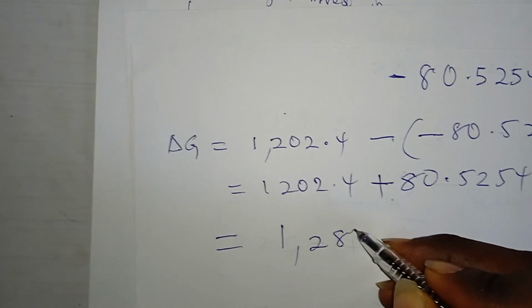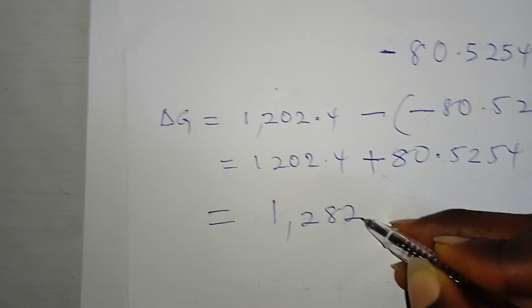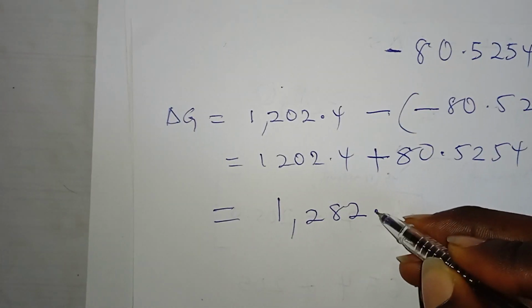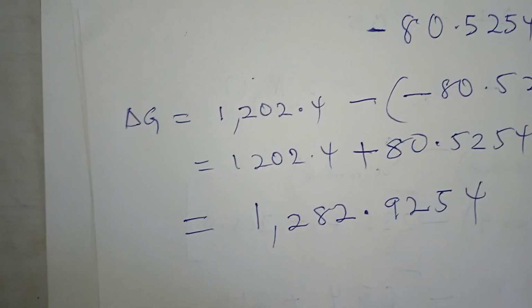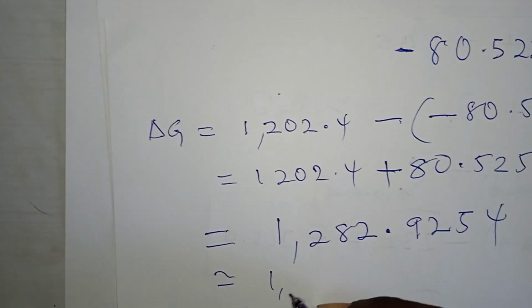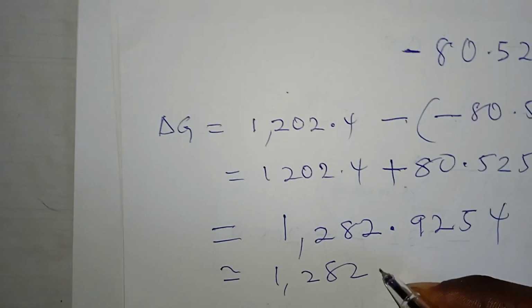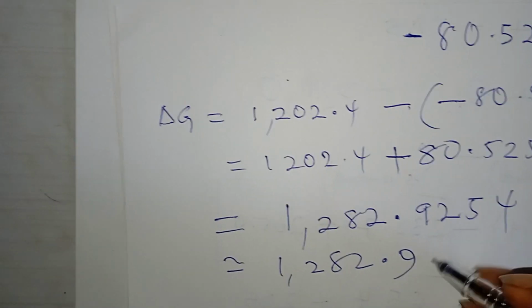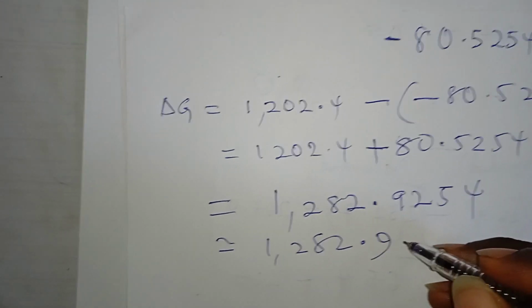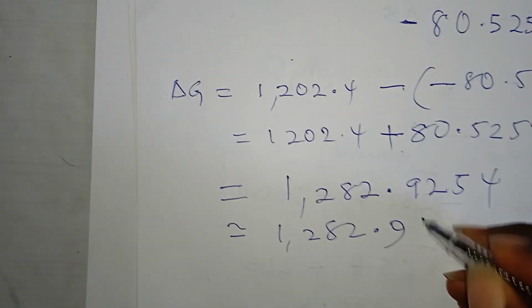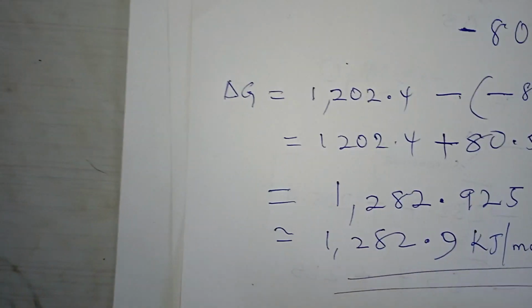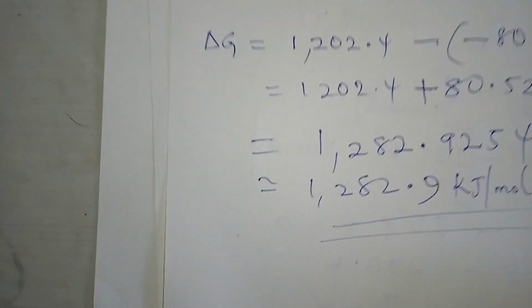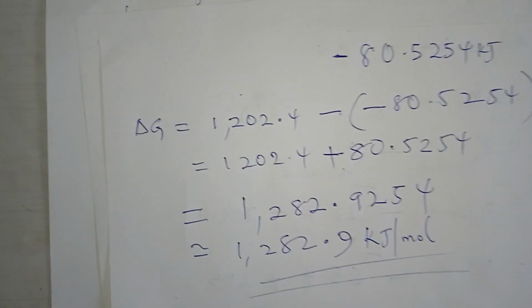And my final answer is 1282.9254. It's at this point I can approximate this to 1282.9, and this is the Gibbs free energy in kilojoule per mole. So that is my final answer for question 1.